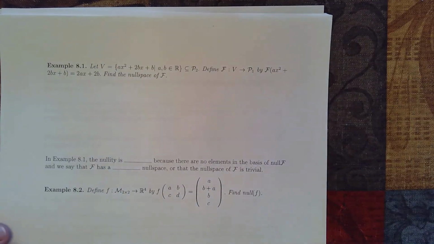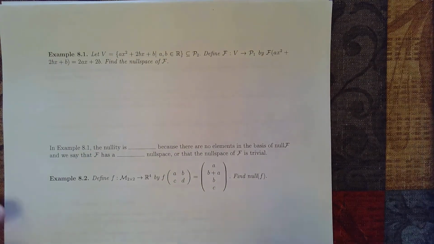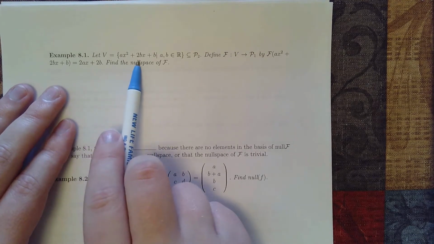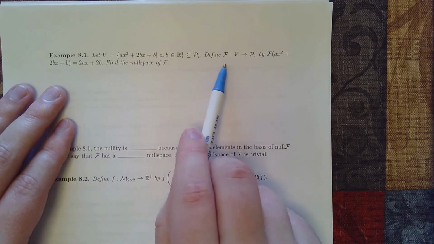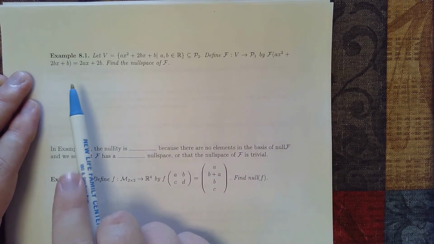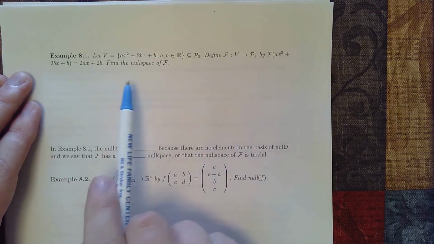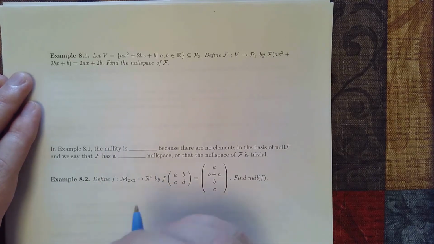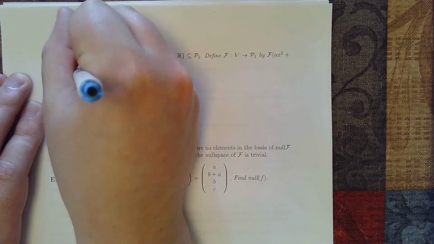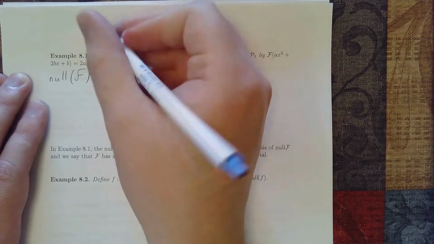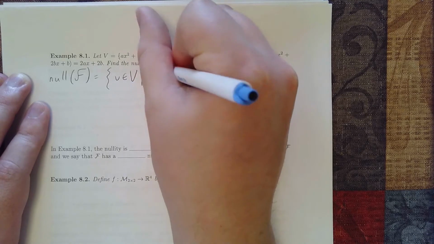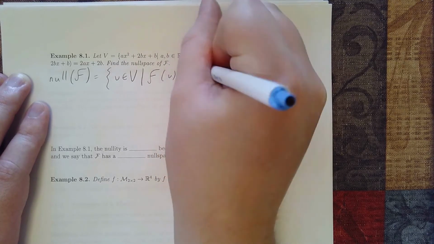Let's go through an example. Let's say we had a domain V of ax squared plus 2bx plus b, and we wanted to go from V to P1 by taking vectors in V and sending them to 2ax plus 2b. We want to find the null space for this. So the null space for this function f is going to be the set of all vectors in our domain such that their transformation equals 0.